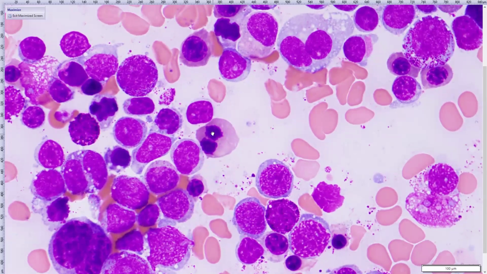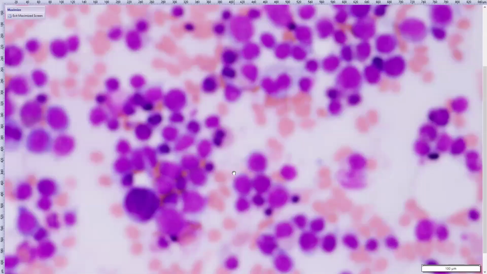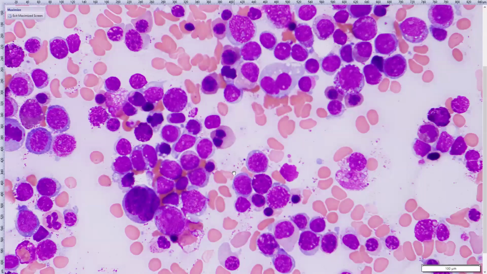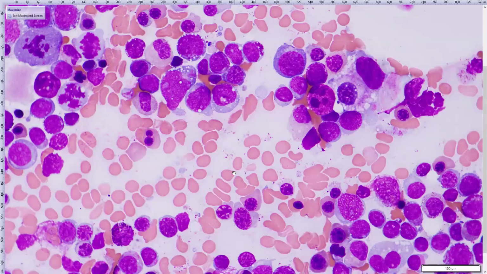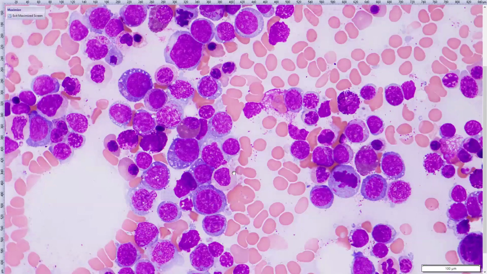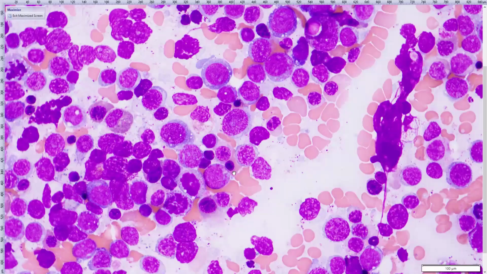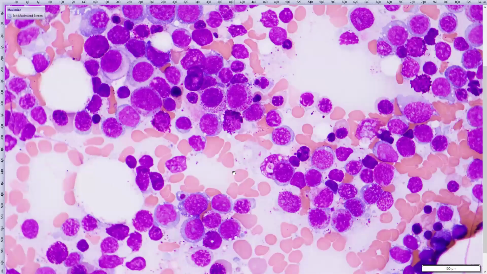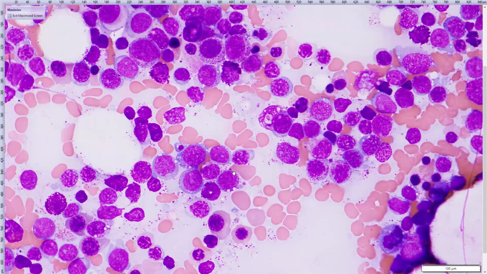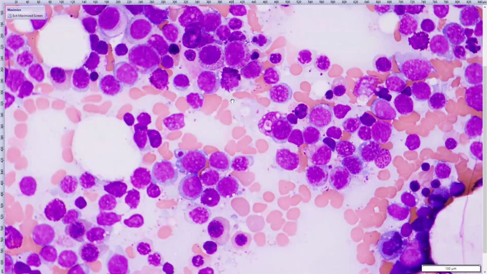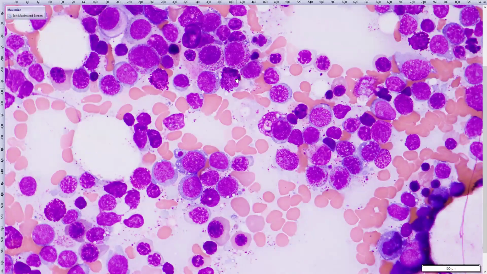As you can see, we do have two separate nuclei. And this cell here is a mast cell.